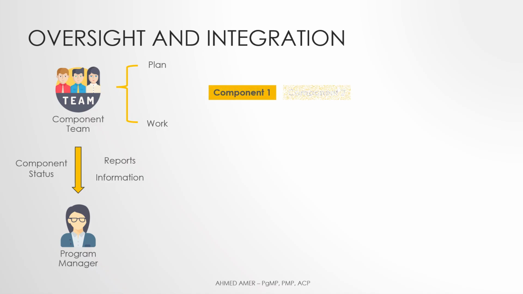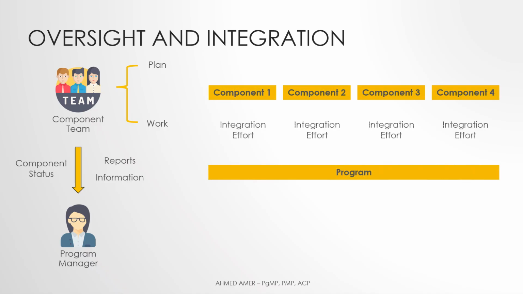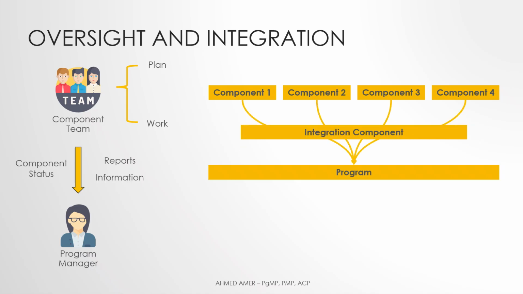Accordingly, the achieved work can be integrated into the overall program. Be mindful that in some cases, the program manager may initiate a new component to consolidate the integration efforts of multiple components. This depends on the size and complexity of the integration efforts and the overall program. But what happens if this integration doesn't take place?